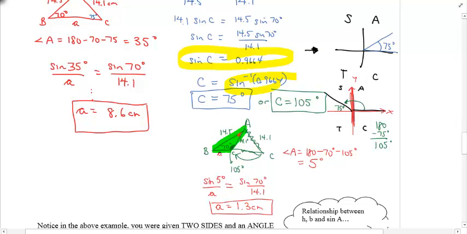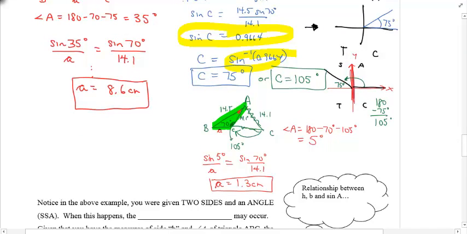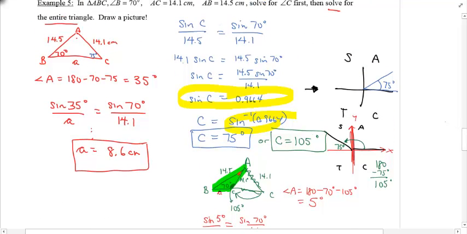So, what in the world just happened here? Let me look at the example above. You were actually given two sides and an angle, but notice where this angle is in relation to the two sides. I'm going to use my purple pen here. The angle is there, and the sides are outside there. So the angle is not between the two sides, it's outside the two sides.